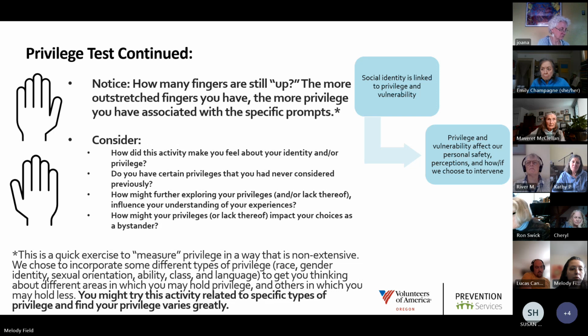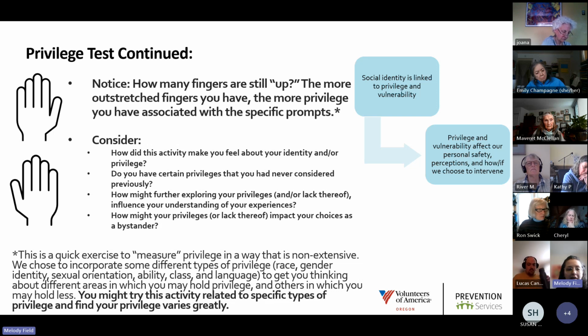Have you considered certain privileges that you had never considered before after doing this activity? And how might your privileges or lack of privileges impact your choices as a bystander? We do this activity because our social identity is linked with our privilege, vulnerability, and how we choose to intervene. So thank you for participating.